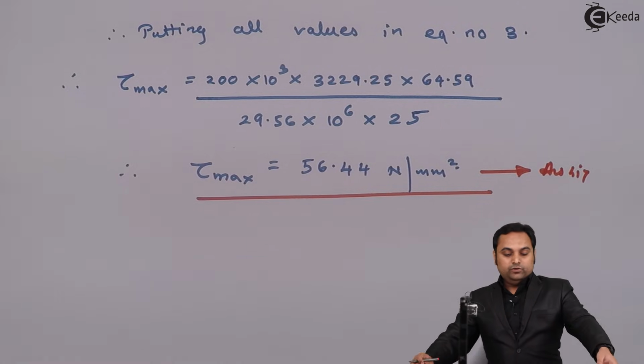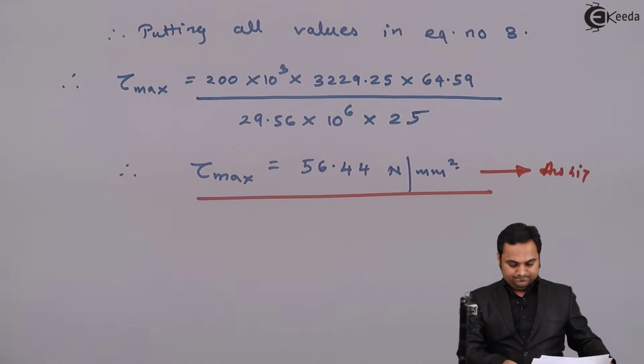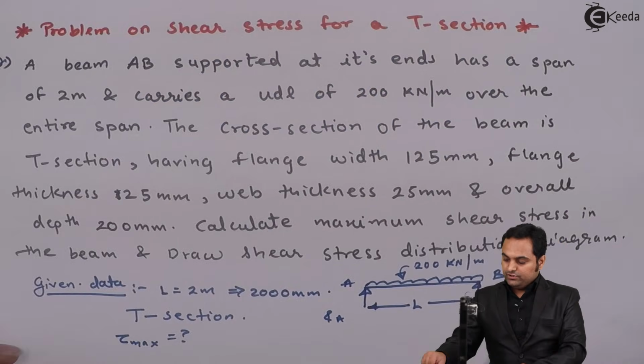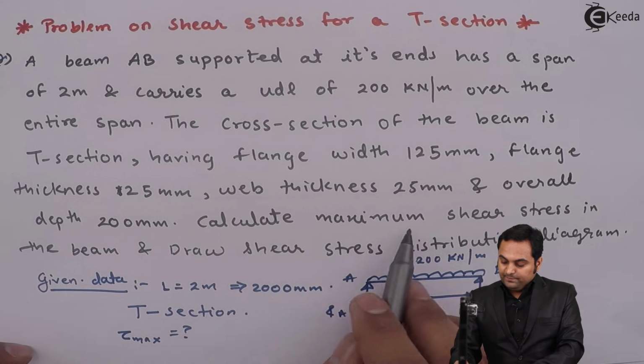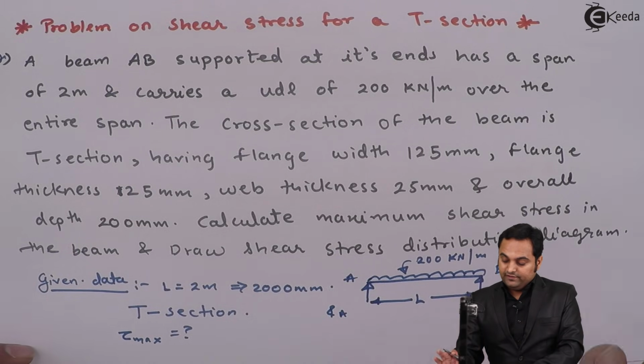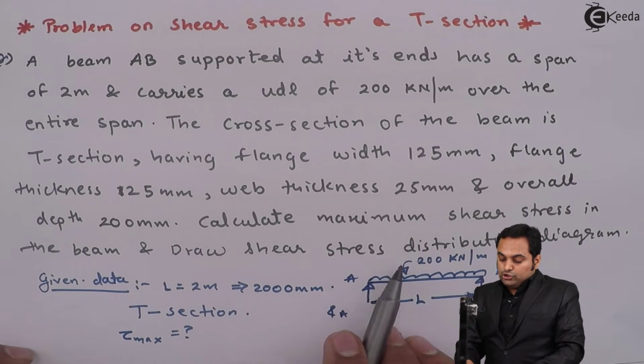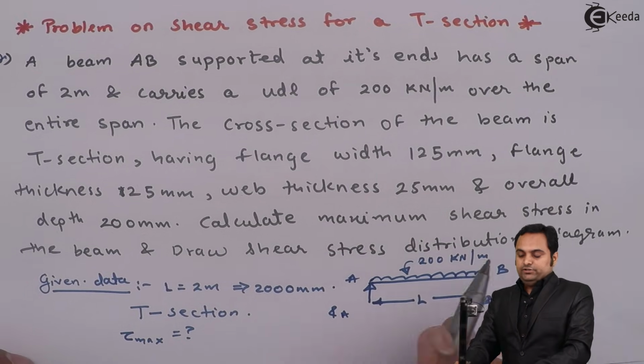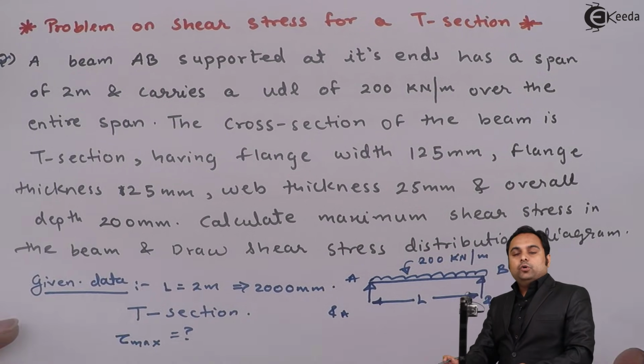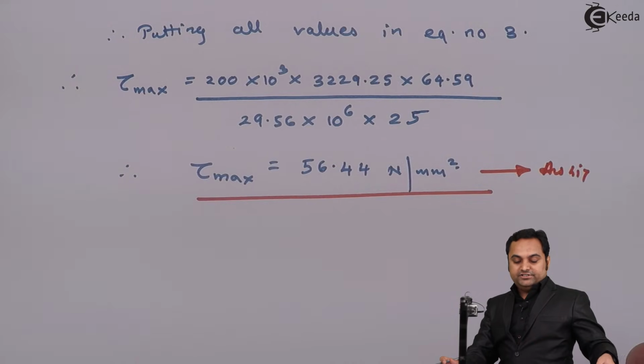Now, if we look into the question, the question was to calculate maximum shear stress. We have found out the value in the beam and draw the shear stress distribution diagram. Now for this shear stress distribution diagram, we require stress at other points as well.